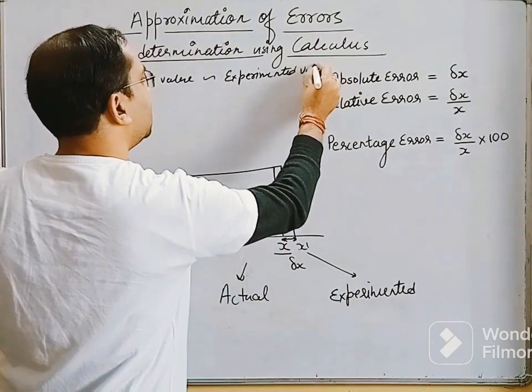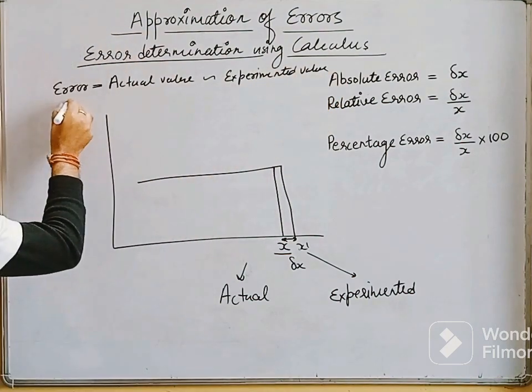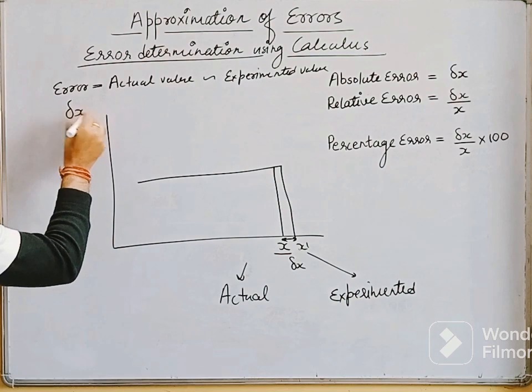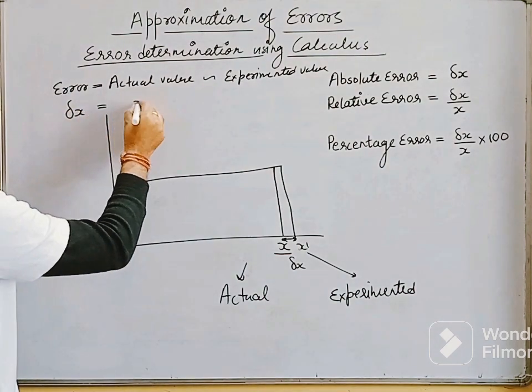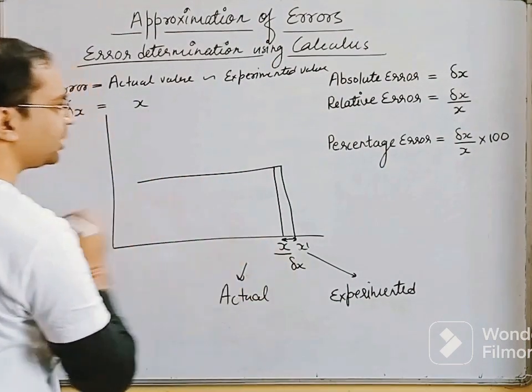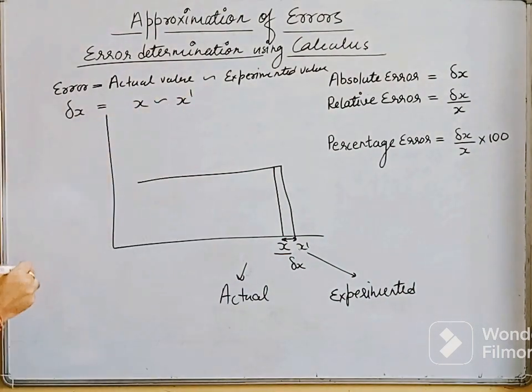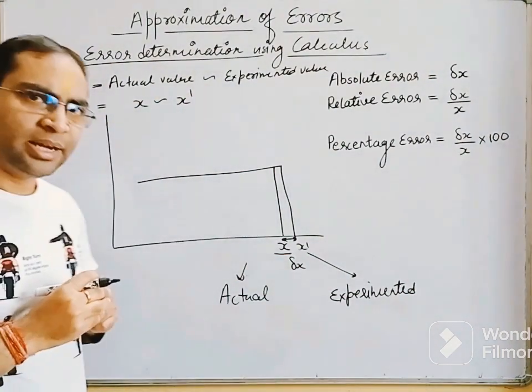If the variable is x, this will be defined as del x, the difference between x and x dash. So this is how we define the error.